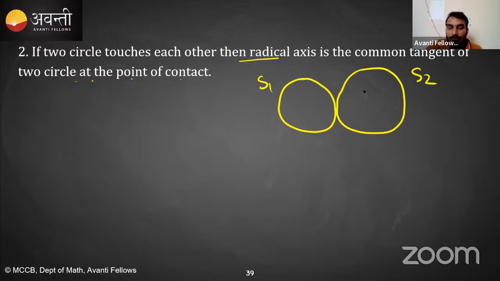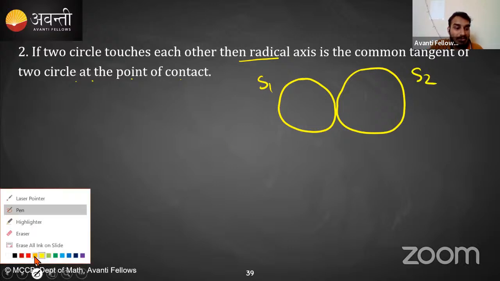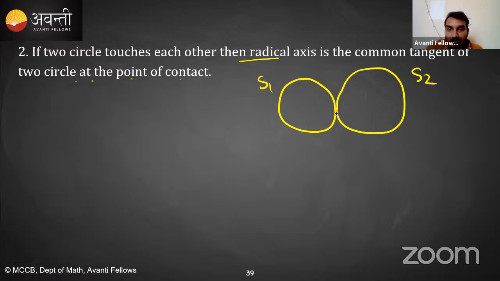Then the common tangent at the point where they are touching is nothing but the common tangent, which is also the radical axis. So this is the radical axis between the two circles.